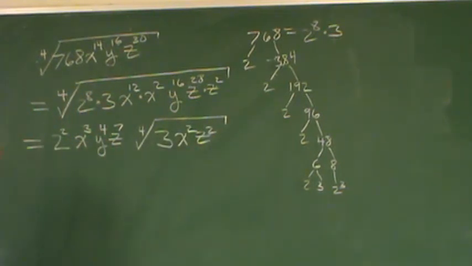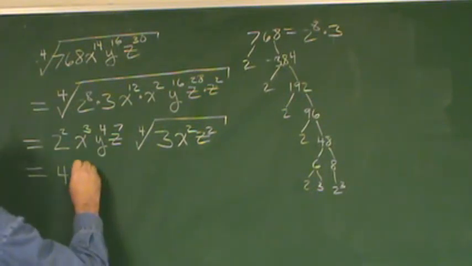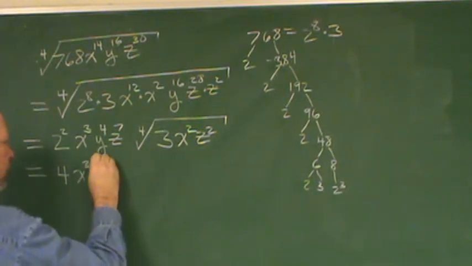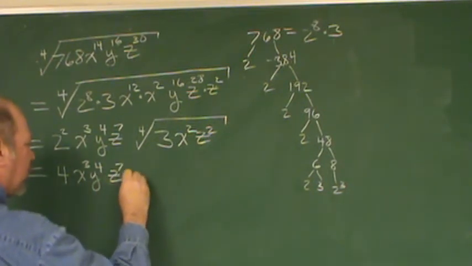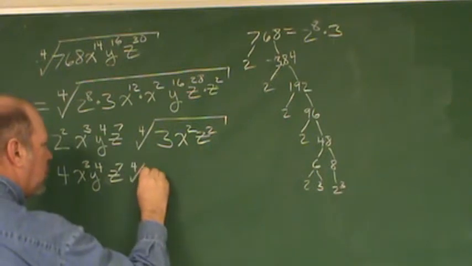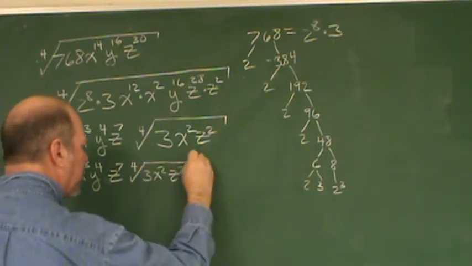I want to make it look a little bit prettier, and I'll talk about assuming variables are positive or negative in a minute. But normally you would write this as 4x cubed, y to the 4th, z to the 7th times the fourth root of 3x squared, z squared.